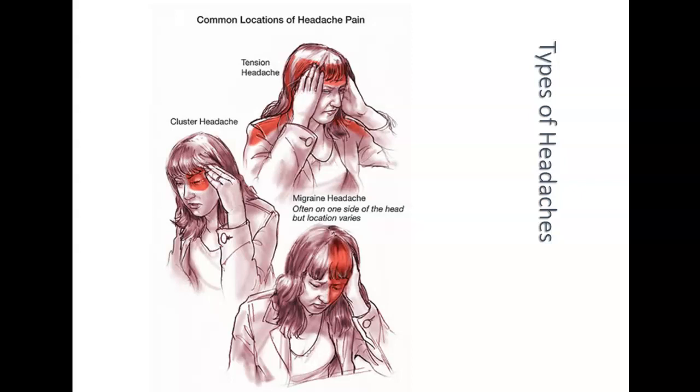Cluster headaches tend to be more on one side than the other and tend to be around the eyes, ears, cheek area, which is an interesting manifestation. And then there's migraines. Migraines can show up in a lot of places, but many people get migraines that start on one side of the head. They may eventually, though, move to the other side as well.